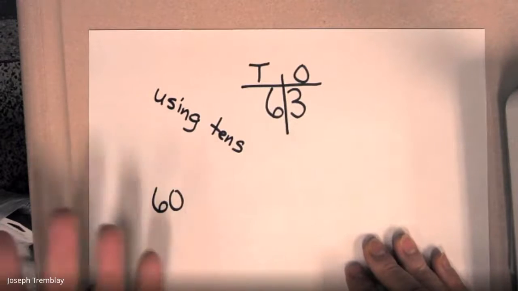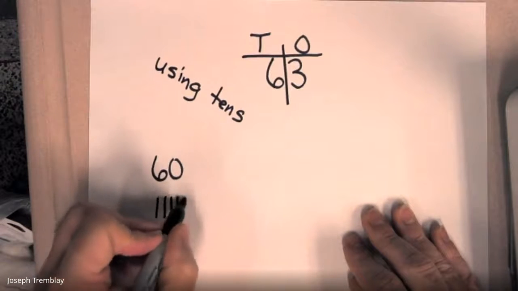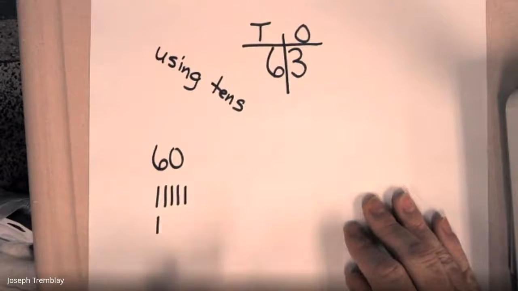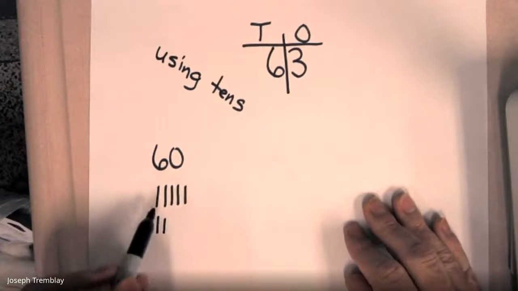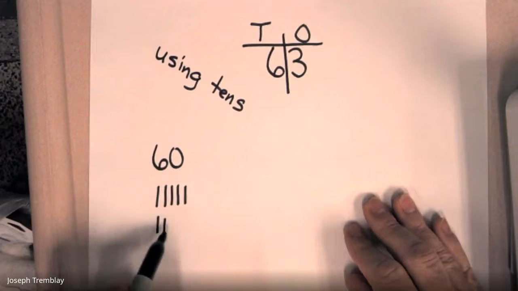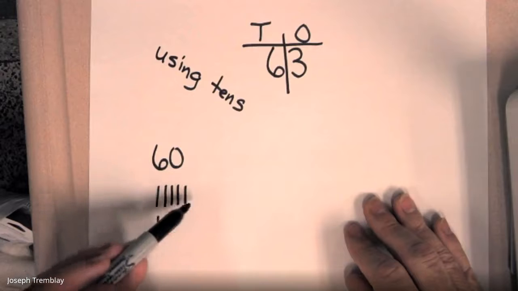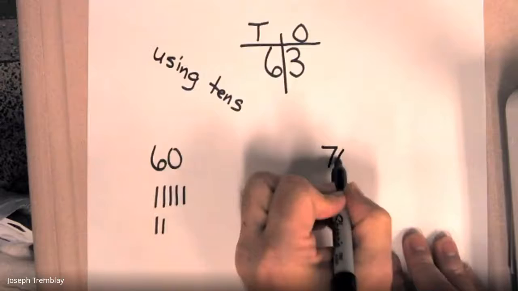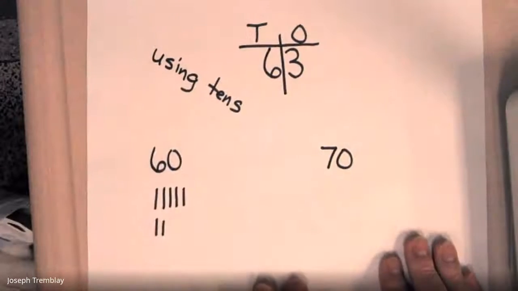If I had 6 ten rods, 1, 2, 3, 4, 5, 6, and I add another 10 because we're using the tens, how many ten rods do I have now? 1, 2, 3, 4, 5, 6, 7. If we count by tens, 10, 20, 30, 40, 50, 60, 70, that gives me my other benchmark. So here are my two benchmark numbers using the tens for 63.